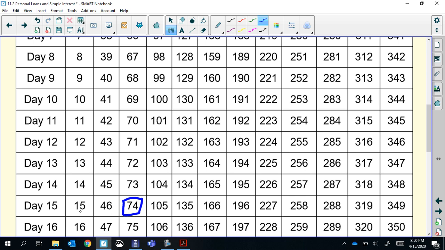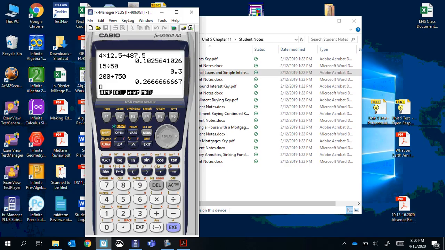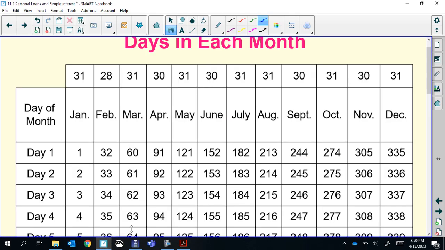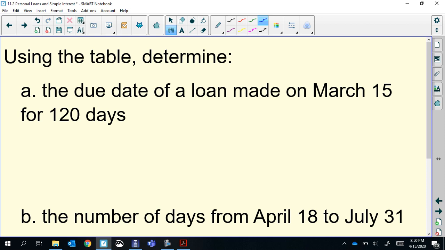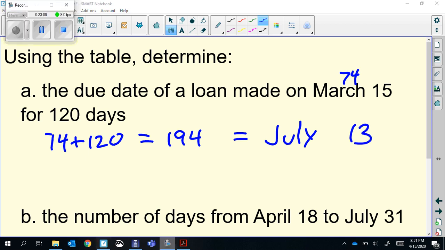So we're going to find day 194. That's going to be the 13th of July. So that's day 74. We'll write it out here. Plus 120 is 194, which is July 13th. That's what we said.